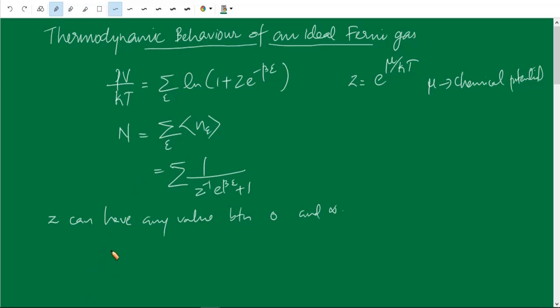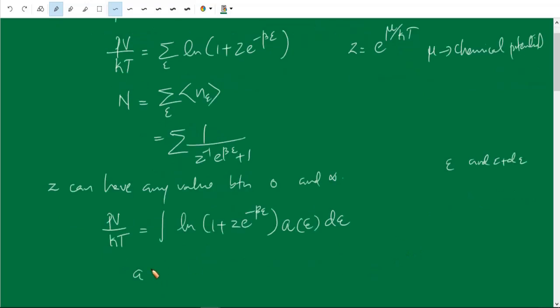So PV divided by kT is equal to the summation of log(1 + z e^(-βε)); if we integrate, we have to multiply with a(ε) dε. This is the number of phase points within the energy ε and ε + dε, where a(ε) dε is equal to V times 4π p² dp divided by h³.